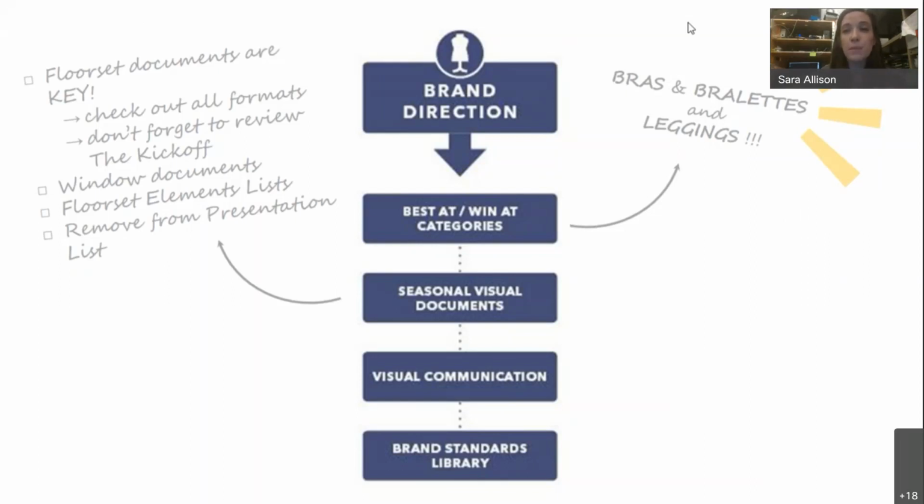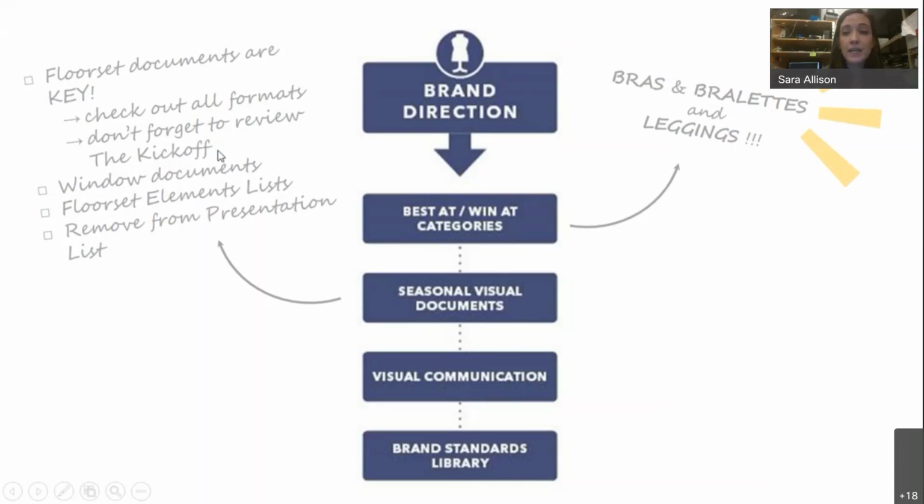So maybe you're an A3 market store, but there is a document for A3 small classic or A3 small modern. You can always check out those documents for inspiration because even if it's not the brand direction for your building, it's the brand direction for somebody, right? So that's a nice thing to lean on and to get inspiration from when you're needing to make decisions in your store where you may differ a little bit or have to do something a little different.